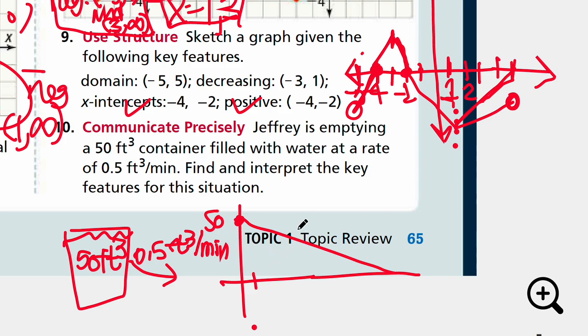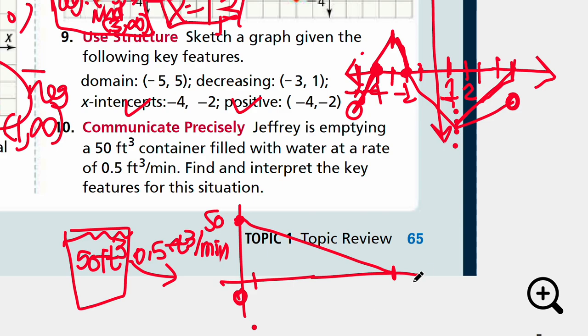And so your domain is going to be from 0 because it's not going to be negative, right? So that's where your x value starts. And then you need to figure this point where Jeffrey is completely done with emptying his container. So let's look at how many minutes he would need, right?